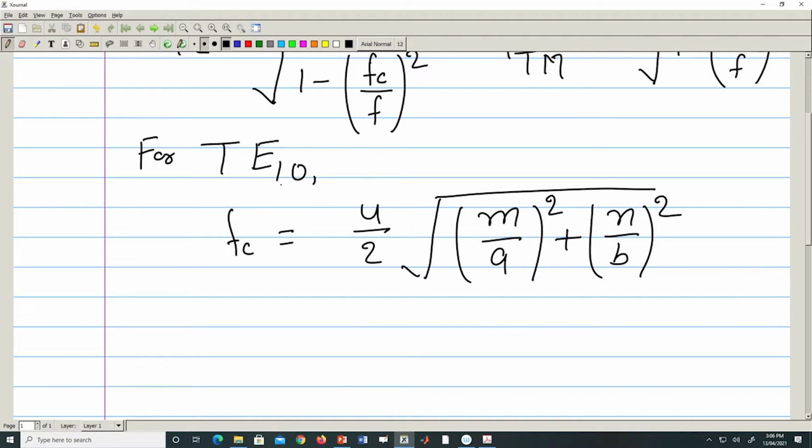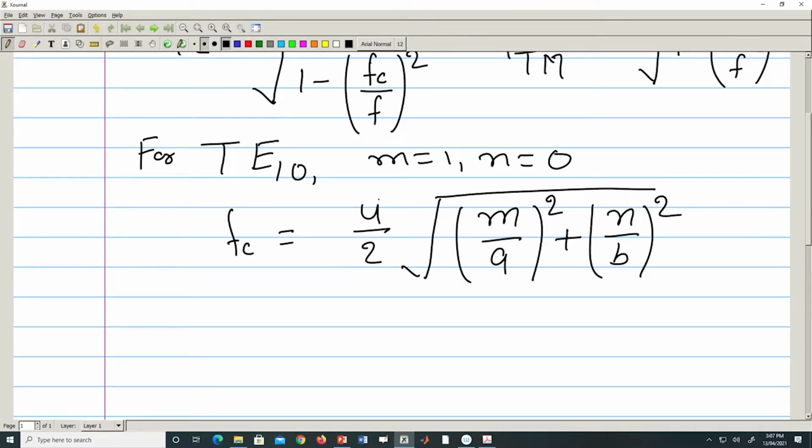Here one more unknown is u. Because this is an air-filled rectangular waveguide, u, the velocity in air, will be 1 over the square root of mu epsilon.